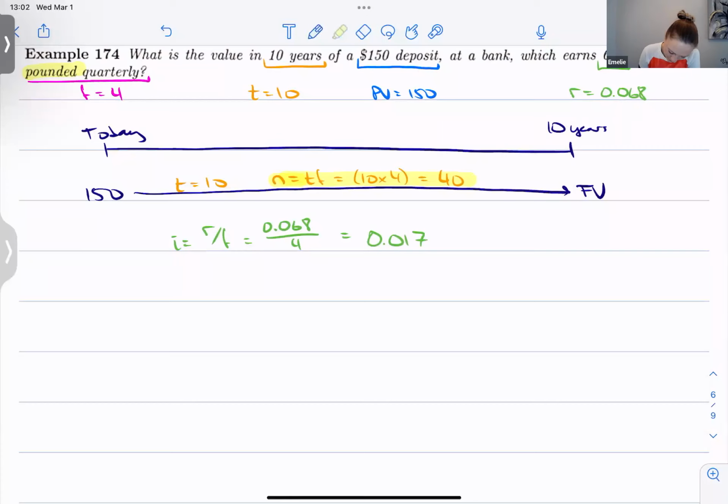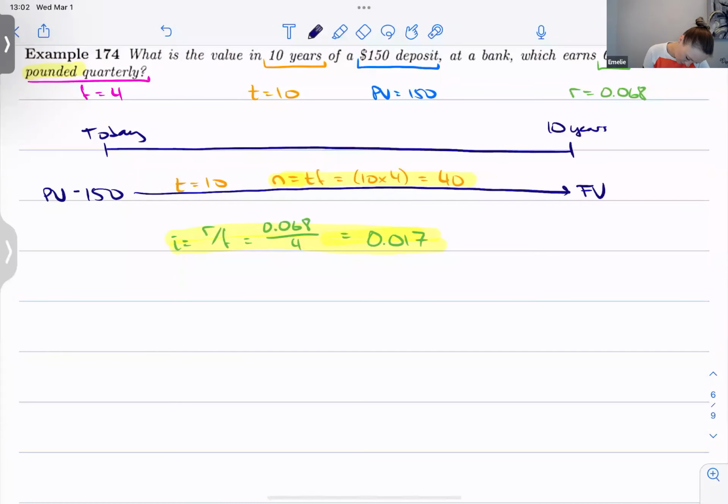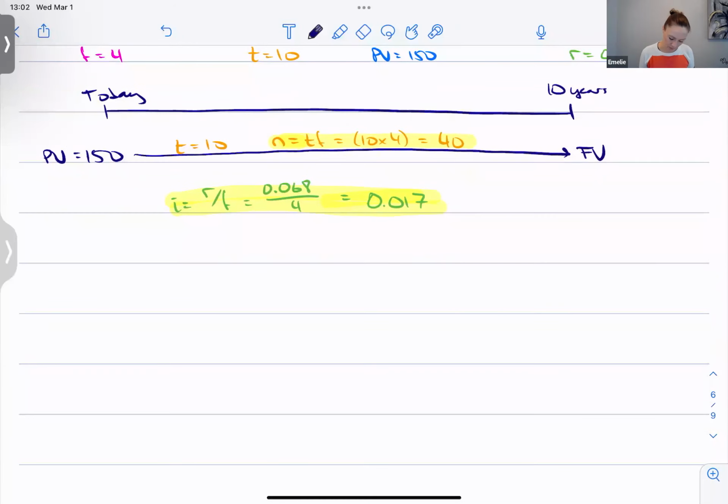Okay. So this is the new part. And I'll just make a note here that this is your present value is 150. Okay, let's see here.